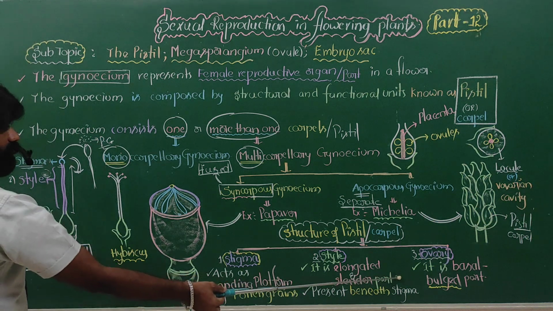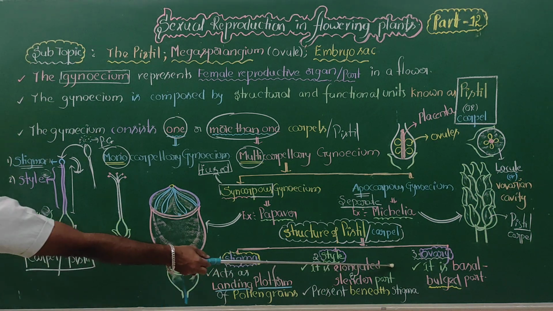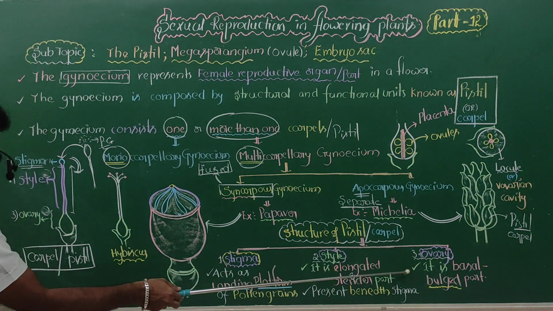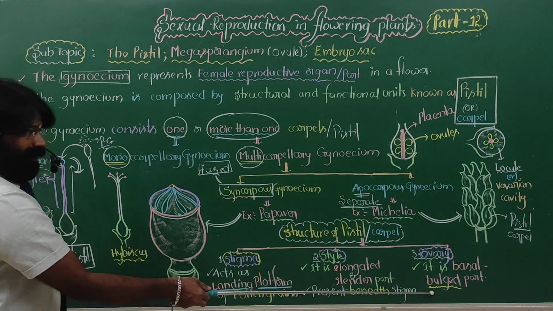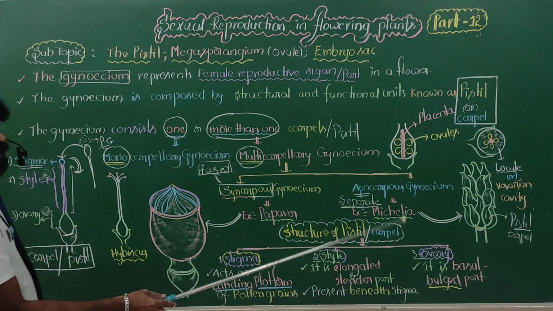Next, the last one. This is not that bulged, it is lean and slender, but this one is bulged. So the third part is the basal part, and the bulged part is nothing but the ovary. We can say the ovary is a basal bulged part. Here, what does it consist of?